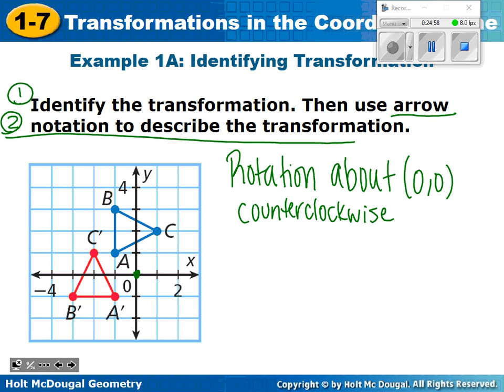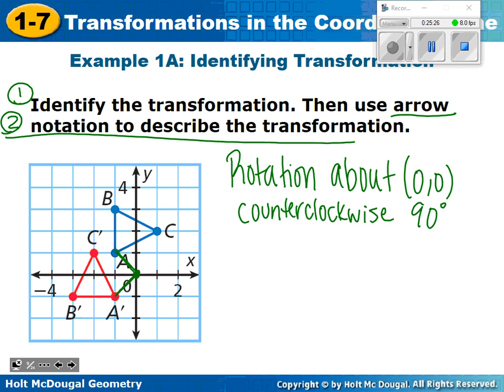Pick one of your points to start with. I'm going to choose A here. Go from A to your origin, and then from your origin to A prime. Does that look like a 90-degree angle? Okay, and if you weren't sure, you could take a protractor and measure it. You don't need to do that, though. It's going to be increments of 90 for this first section. So it's a rotation about 0, 0, counterclockwise, 90 degrees. Could I have said clockwise?